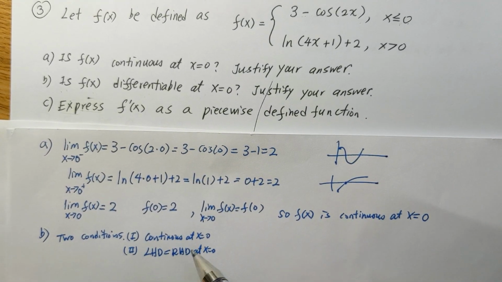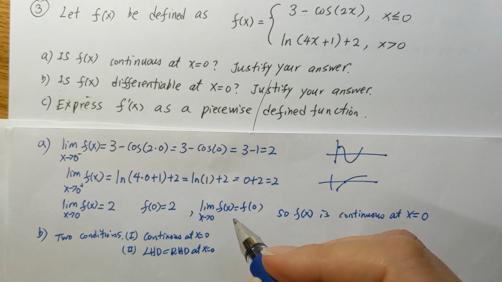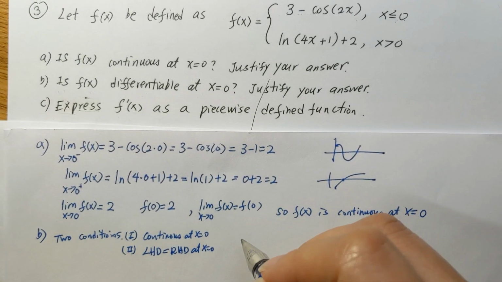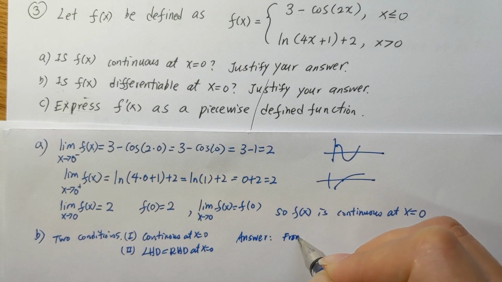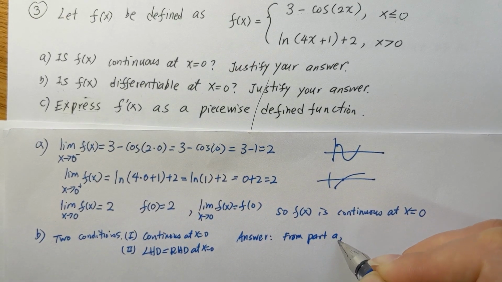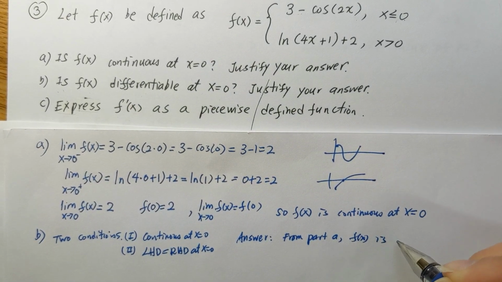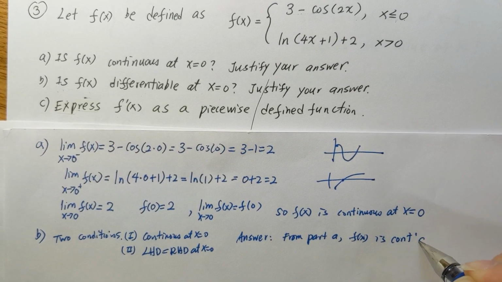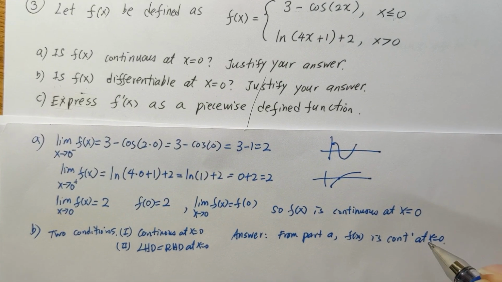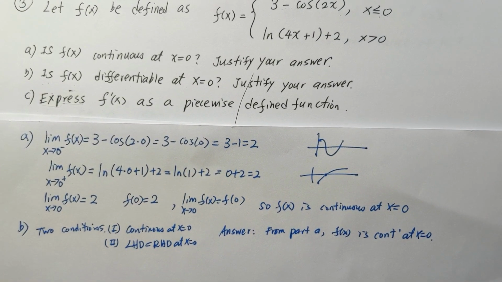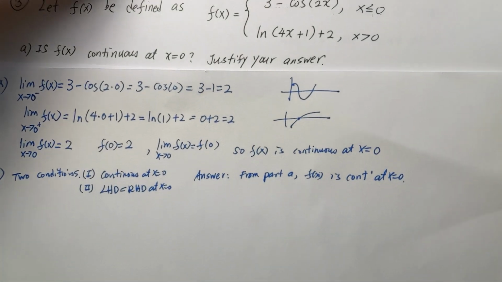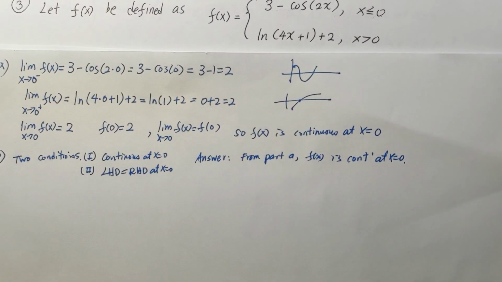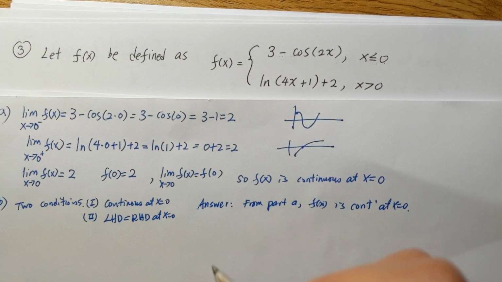So we have to meet these 2 conditions. Now we already know from part A that f of x is continuous at x equal to 0. So we don't need to prove continuity one more time. We just have to prove the left hand slope equals the right hand slope. So let's see if they're equal.